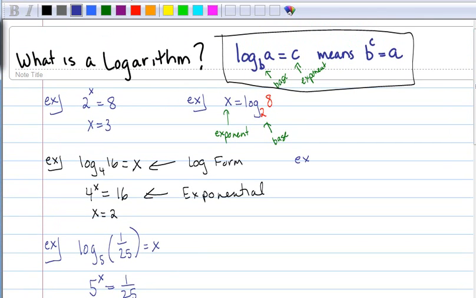Okay, common logs. A common log is base 10. So when you have something of base 10, it's called a common log. So let's do an easy one. Again, what's the answer? We can see it's 2 because the base is 10. What's the exponent to get 100? The answer is 2.